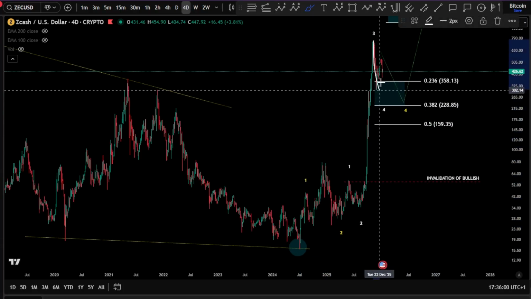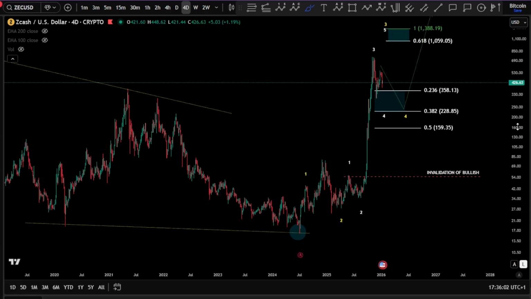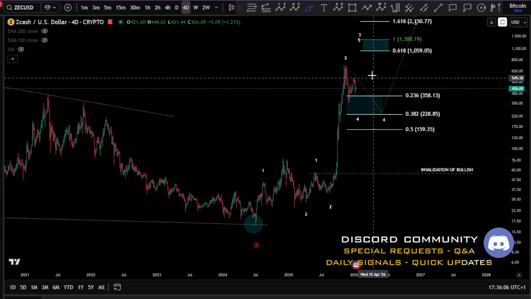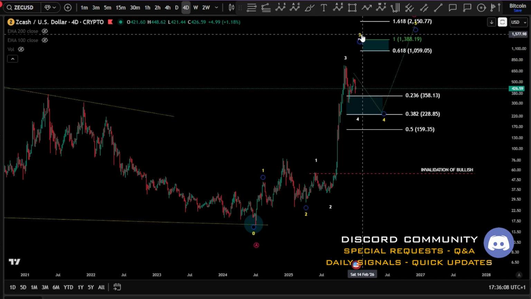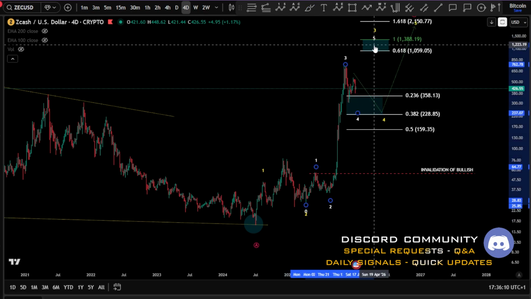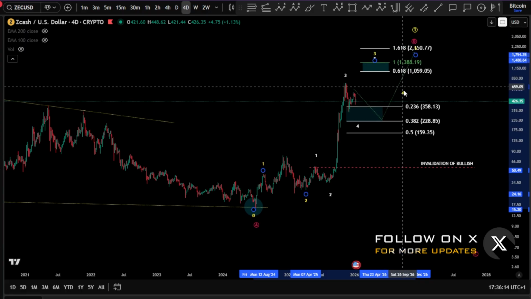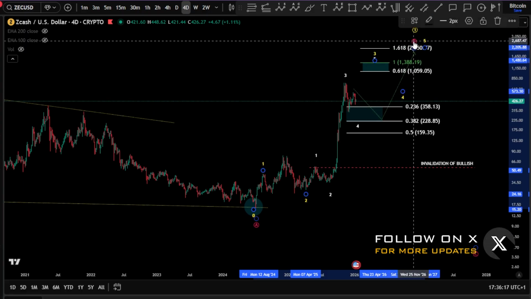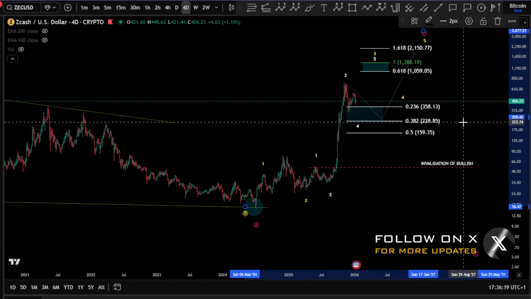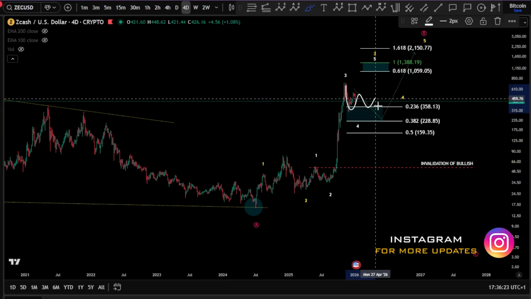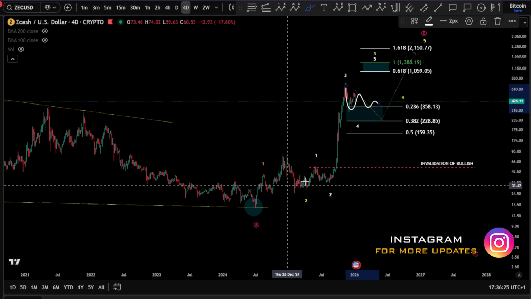Now, if this is a wave 4 playing, I was mentioning that this might be a very, very likely triangle in a wave 4 before pushing in a wave 5 again, of course, in this blue box for the white scenario to finish wave 3 in the yellow scenario, and then another wave 4 and a 5 here to finish a structure.